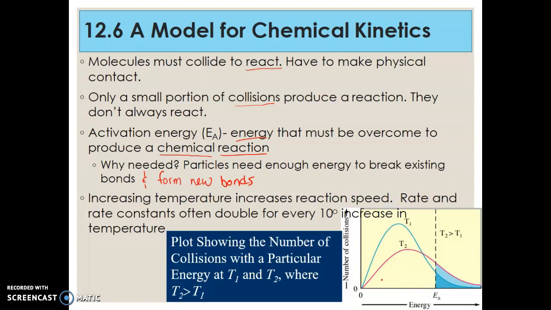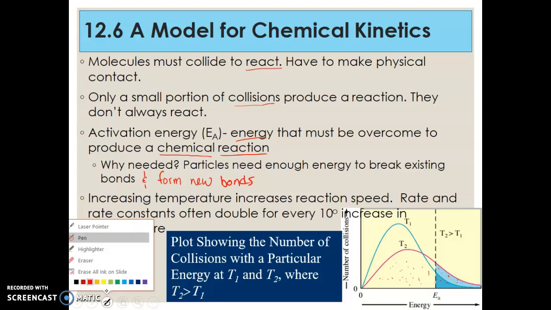So in this graph, you can see there would be collisions of molecules that are happening all underneath this pink curve. And then there would also be collisions that are happening all underneath this blue curve. And one of the things that is shown here is our number of collisions are increasing. Our energy is increasing going this way.